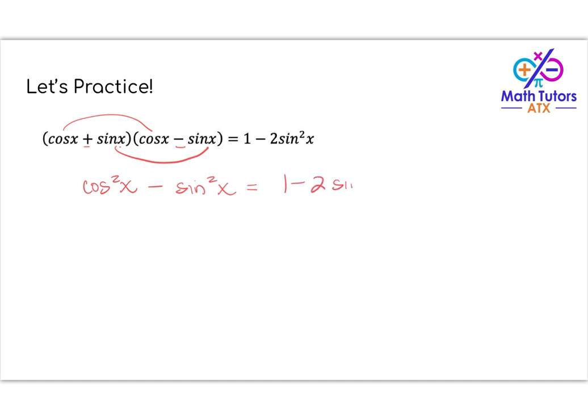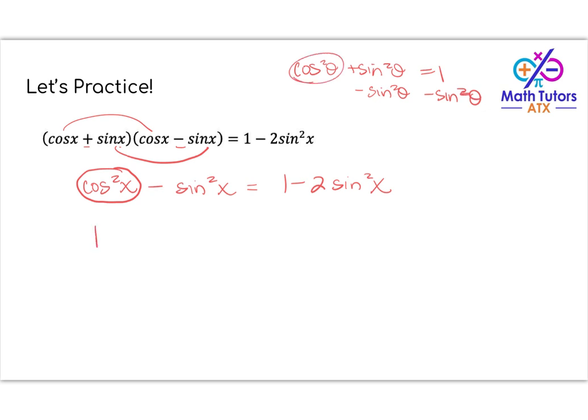The right side only has sine and the left side has a cosine. So I'm wondering if there's a way to replace cosine squared with a sine squared. Well, yeah, you go back to cosine squared plus sine squared equals 1. If I subtract sine squared from both sides, right, then I can go ahead and get cosine squared by itself.